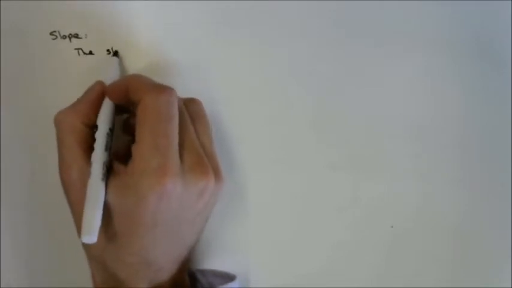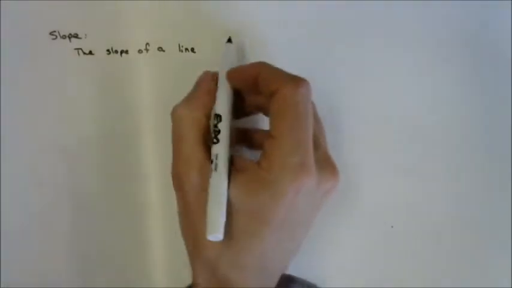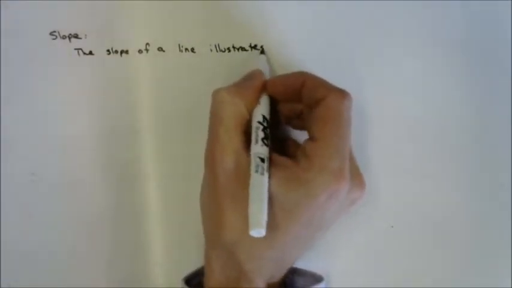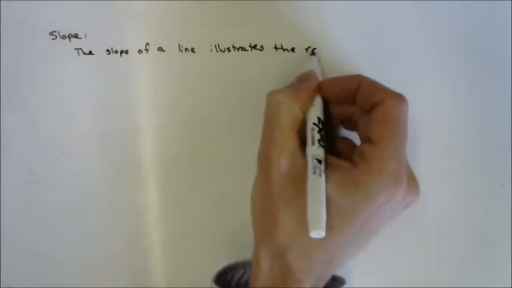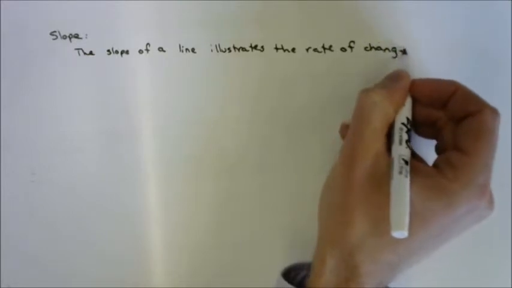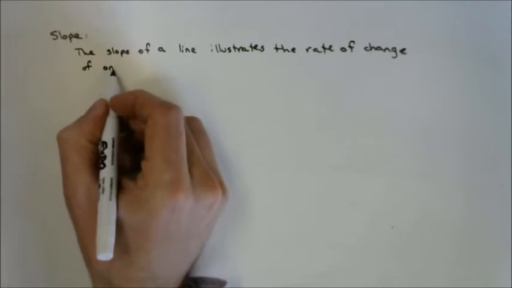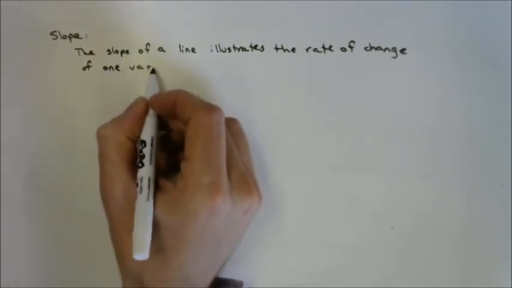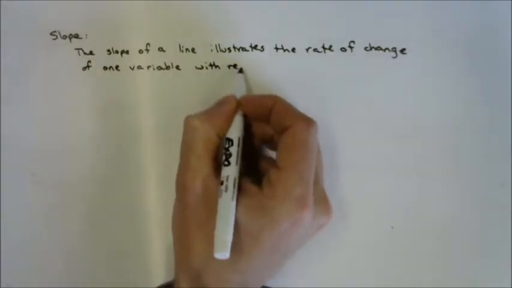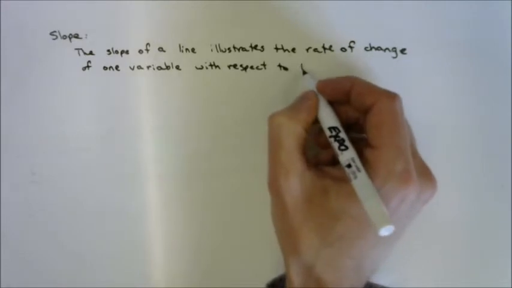The slope of a line illustrates the rate of change of one variable with respect to the other.